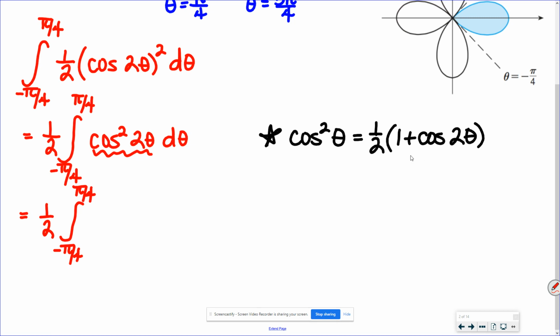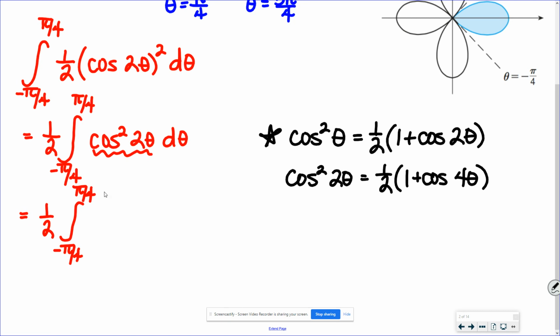So for this one, I'm going to use the fact that cosine squared of theta is equal to 1/2 times 1 plus cos of 2 theta. Now, mine is not cosine squared of theta. My problem is cosine squared of 2 theta. So I can modify this trig identity. Basically, since this is just a theta and this is 2 theta, I'm going to double the theta amounts to make it fit what we want.